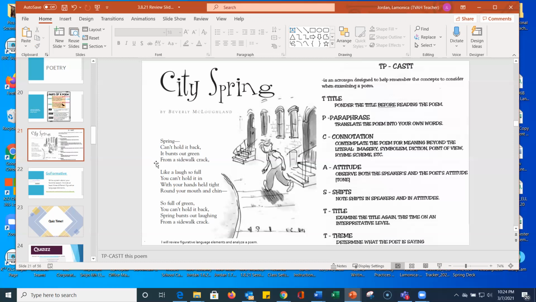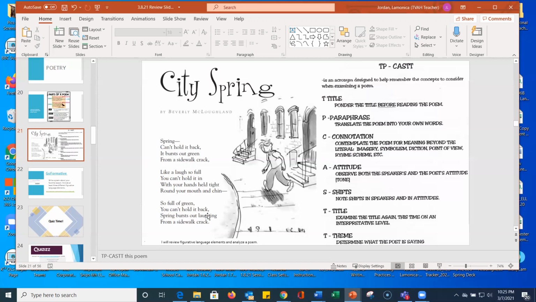Spring's going to come no matter what. It's green. It makes you laugh. But it's going to come no matter what. What's the attitude? Based on the word choice, do you think the poet likes spring? I'd say so, because it talks about being green and makes you laugh, and you're covering your mouth as you burst out laughing.